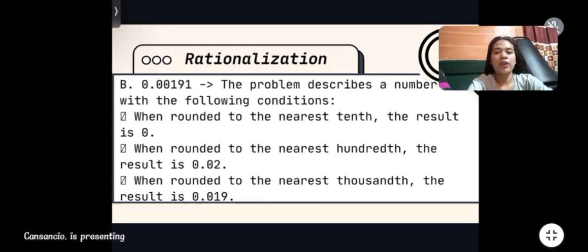So the correct answer is letter B. 0.0191. The problem describes a number with the following conditions. First, when rounded to the nearest tenth, the result is 0. Second, when rounded to the nearest hundredth, the result is 0.02. The last one is when rounded to the nearest thousandth, the result is 0.019.